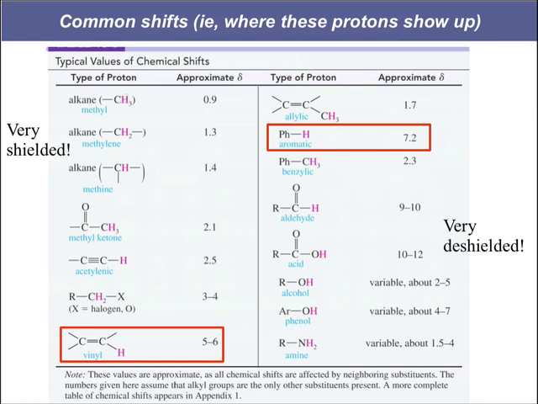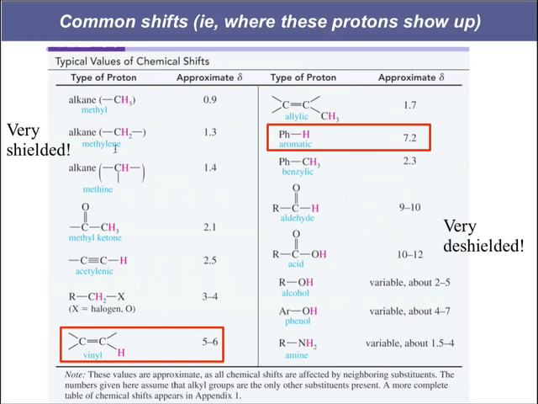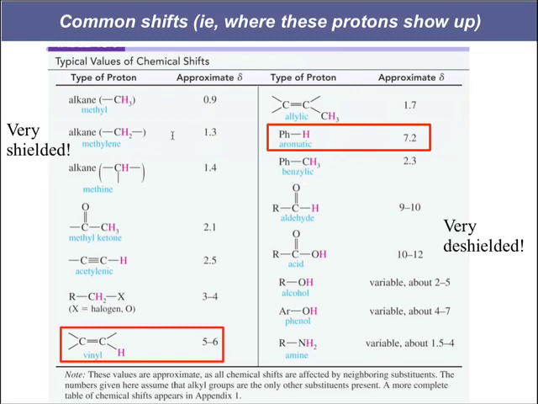That's what we showed over here. Our methyls were around 0.9. Those are primary hydrogens. Secondary hydrogens show up at about 1.3. That's what we saw here. The secondaries were about 1.3. Tertiaries show up at about 1.4.